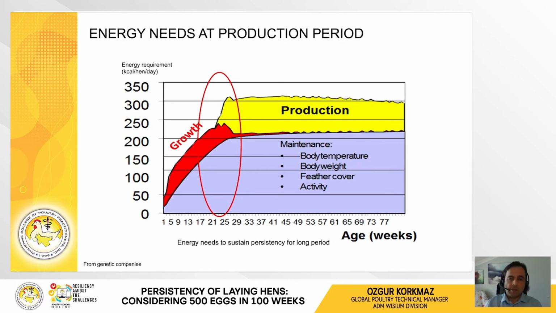Growth still continues, and maintenance is a big part of the energy needs. That's why during the peaking period, the energy repartition between growth, production and maintenance should be managed very well. It will affect persistency.